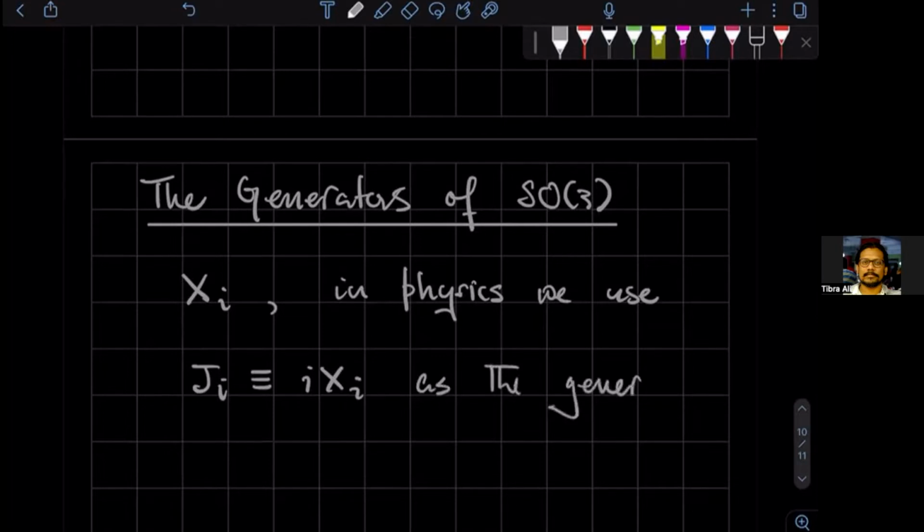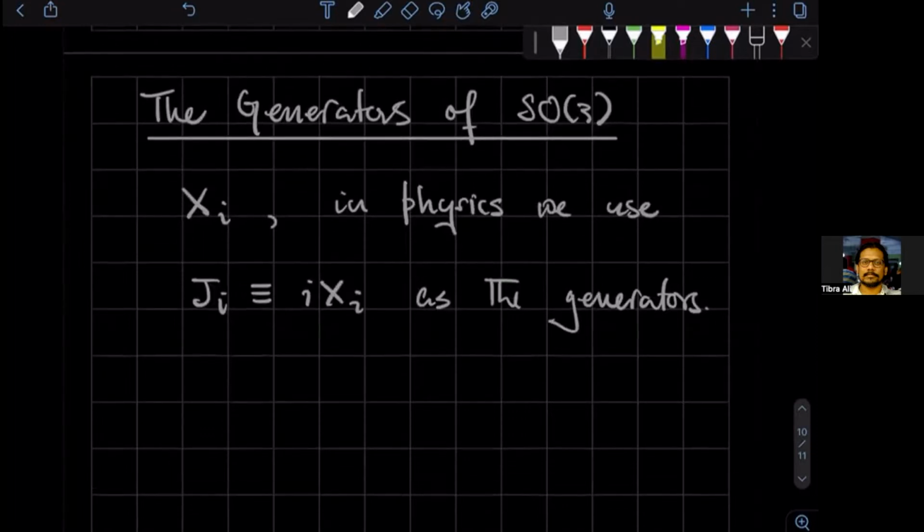That's because we like Hermitian matrices in physics.